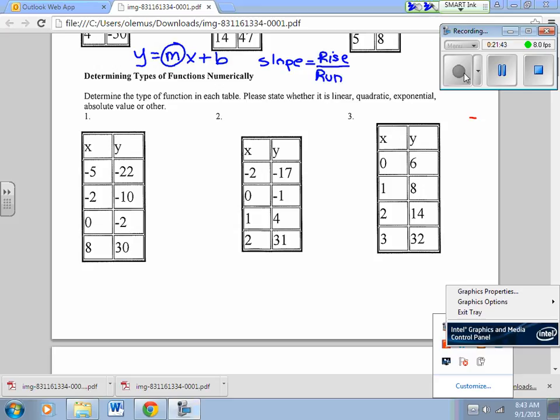Does anybody remember the formula for slope? Way back there, a long time ago in algebra. You have y2 minus y1. Perfect. You guys remember it now? This is the change in y over the change in x. So watch this.